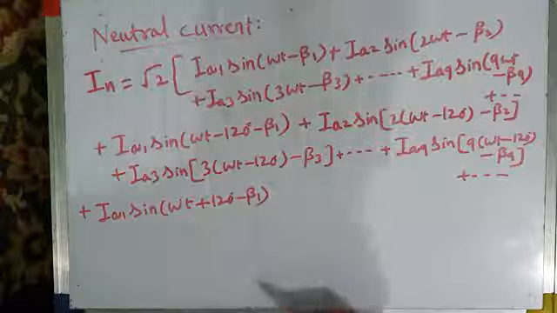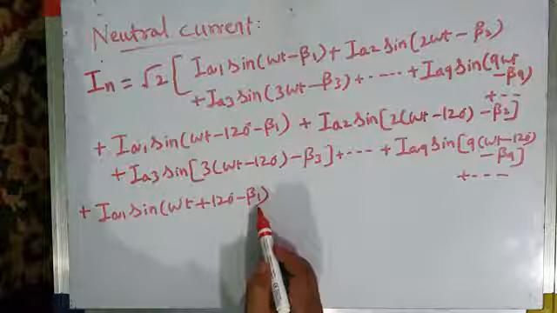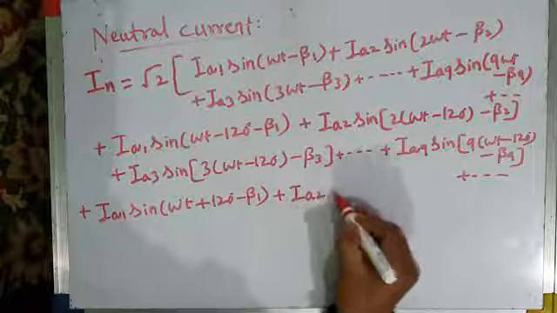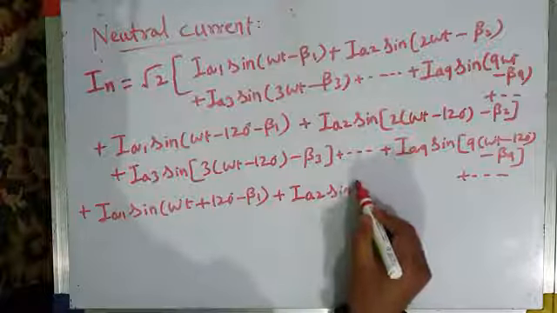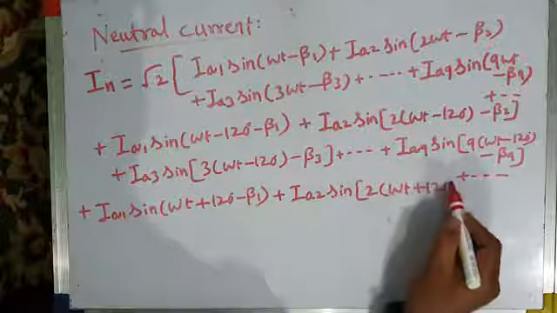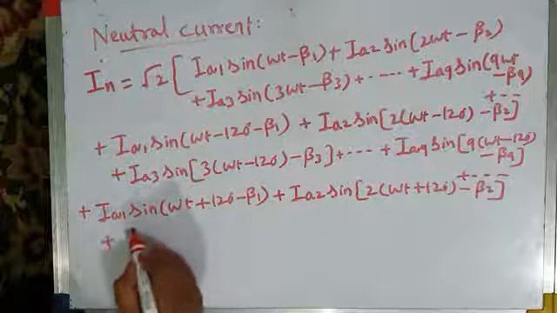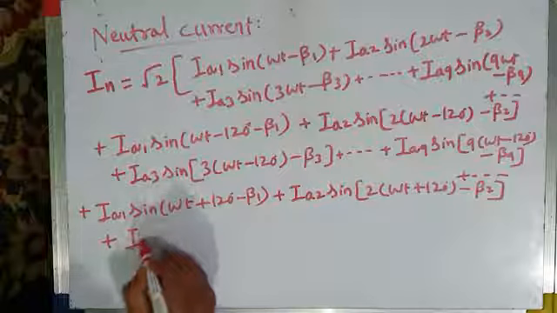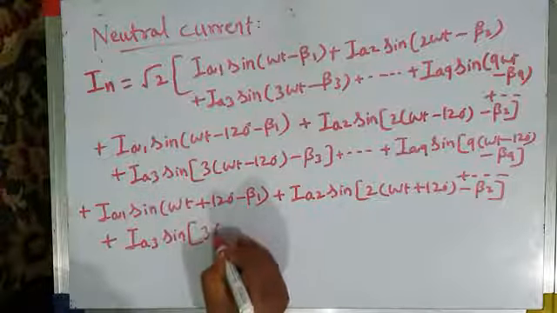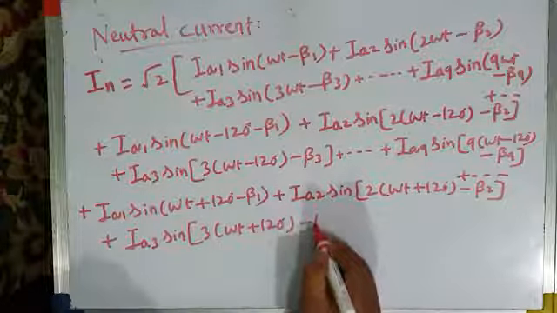This is the fundamental component of line current IC, plus second harmonic component is IA2 sine of 2 times omega t plus 120 degrees minus beta 2, plus third harmonic component of line current IC is IA3 sine of 3 times omega t plus 120 degrees minus beta 3.